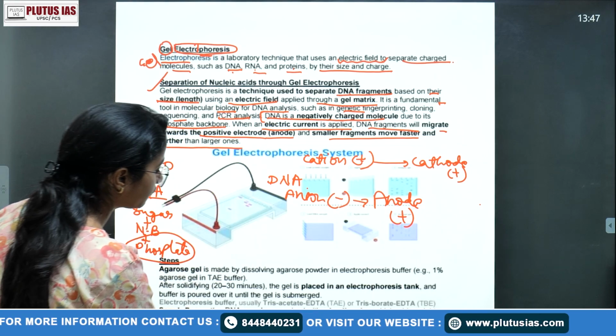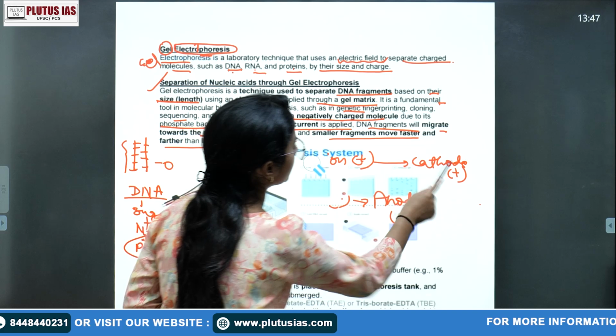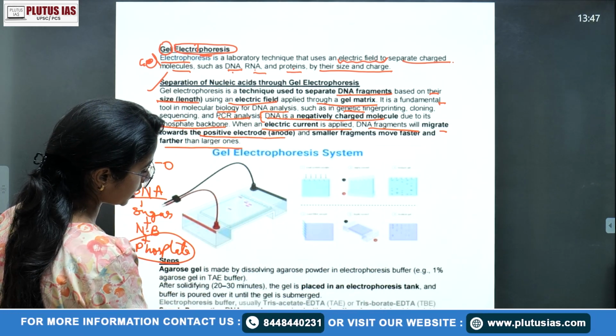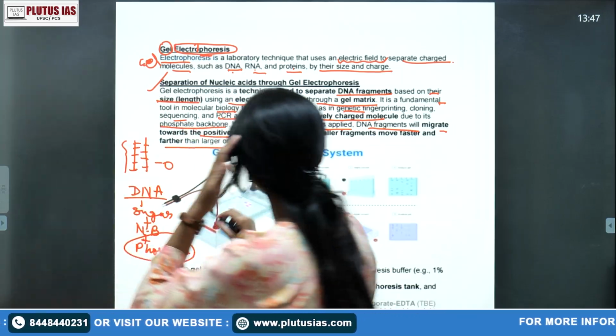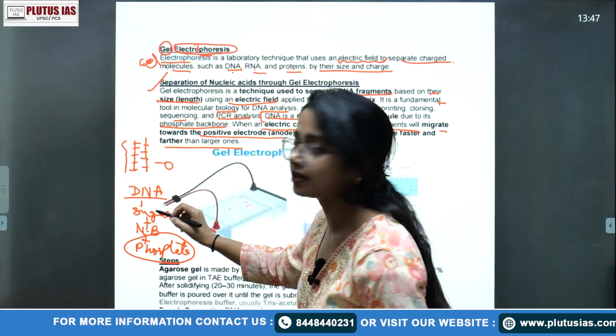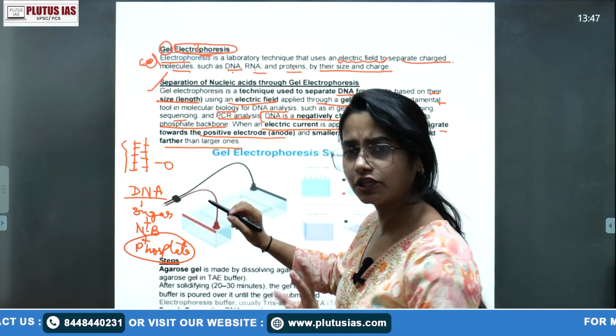Okay, so where are we seeing this? Actually, in that introduction, everything has been mentioned. If you can see here, this is gel electrophoresis. This is the charge system through which you apply a voltage of around 80 to 150.